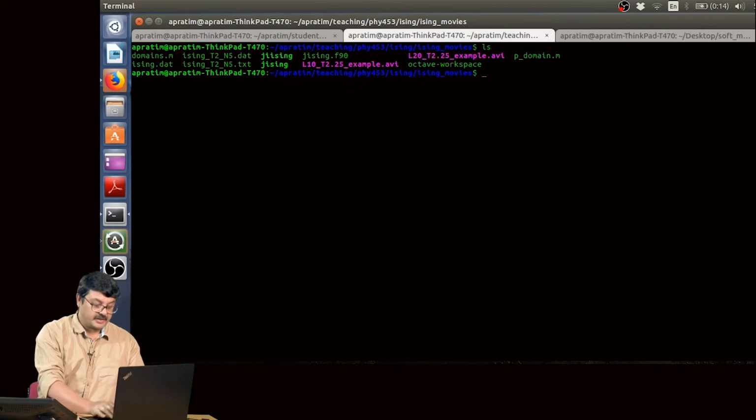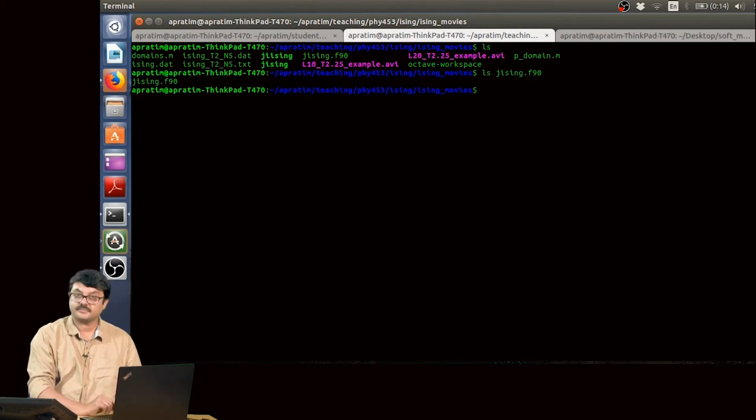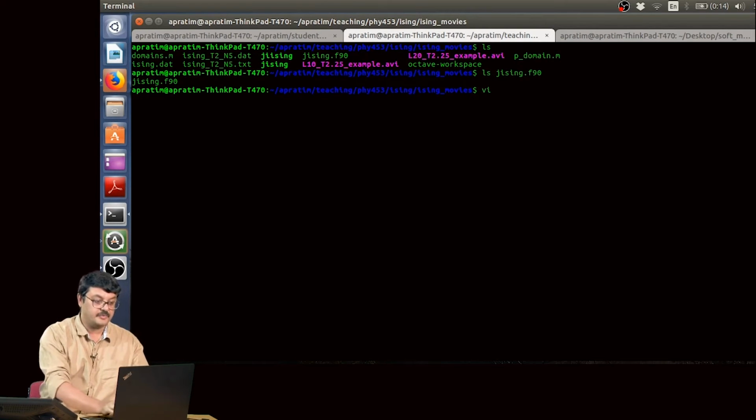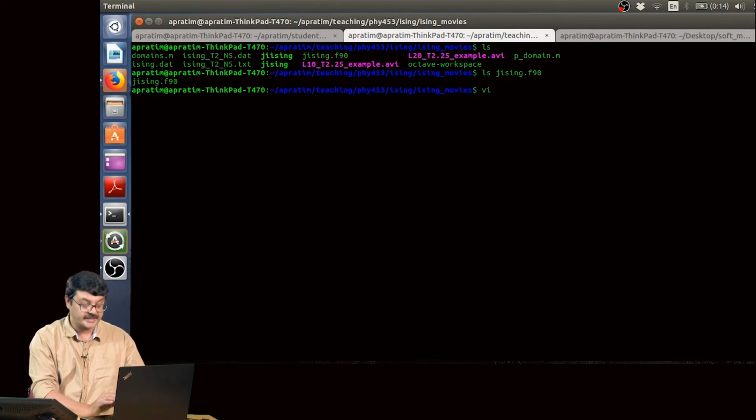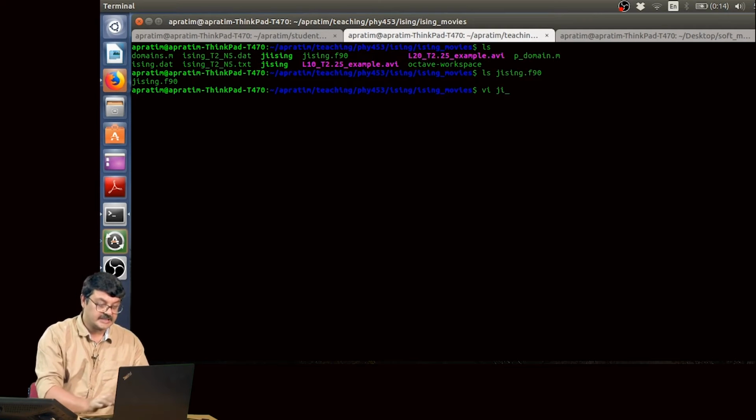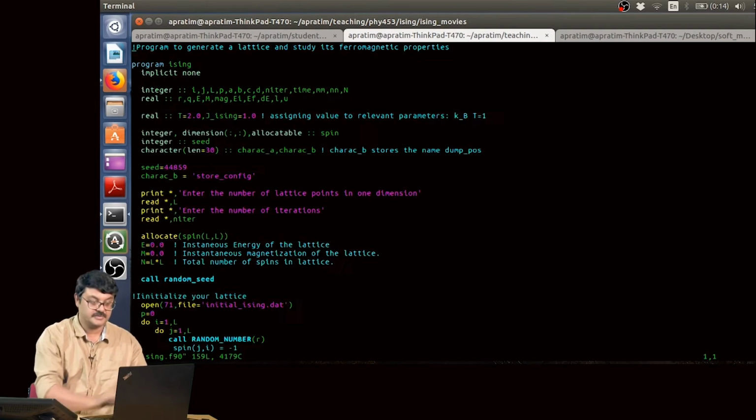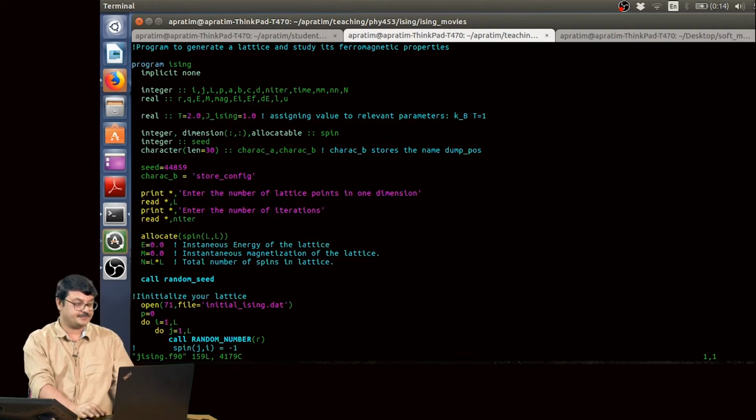Now, the name of my code is Ising.f90. Okay, so I am in the appropriate directory, and I like to use the VI editor. You can use Emacs or whatever editor is of your choice, and I shall show you the code Ising.f90.